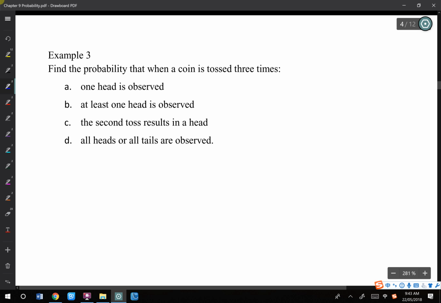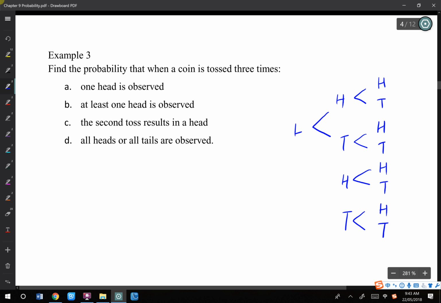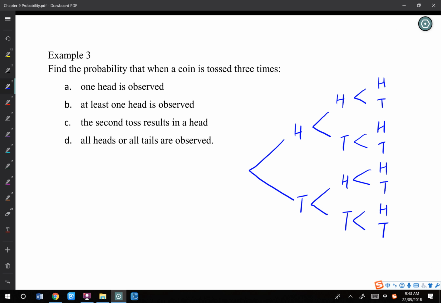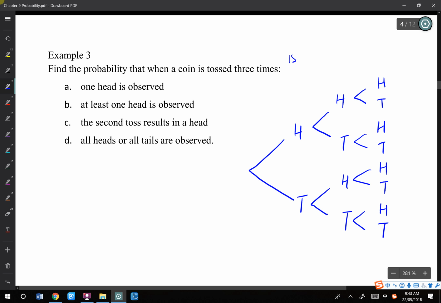So how can we do the tree diagram? Okay, that's a tree diagram. So the first toss, the second time, and the third time.